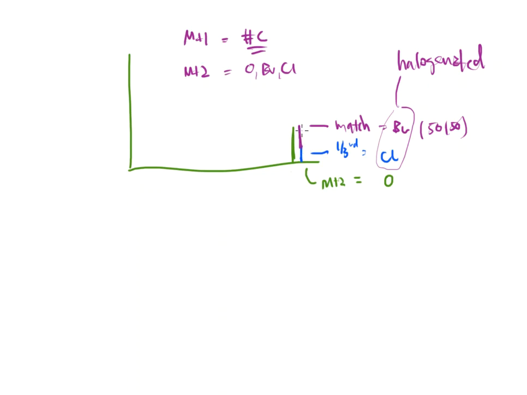So for instance, in the presence of bromine, that M+2 peak will be the same height as the M peak. And that will be a very good indicator that bromine is coming along with my compound. If it's 1/3 of the height, we said that was chlorine. And if it's super tiny, then that's typically due to oxygen being present in the molecule.